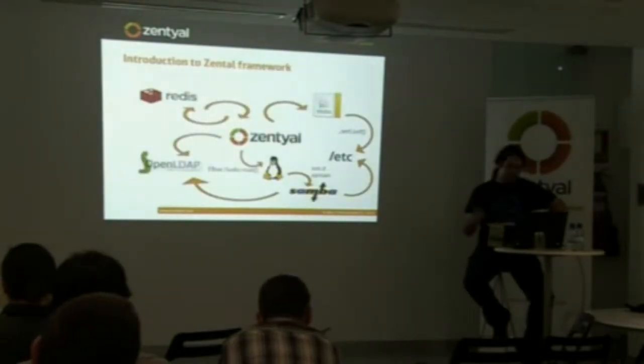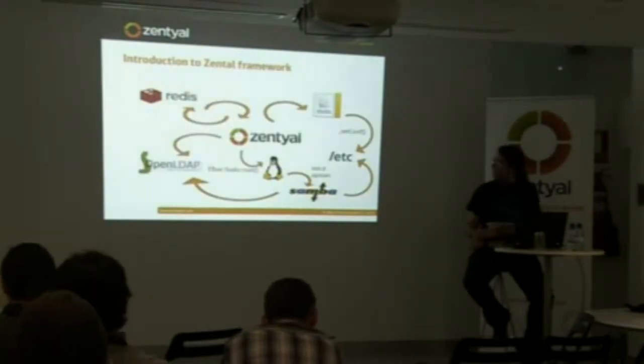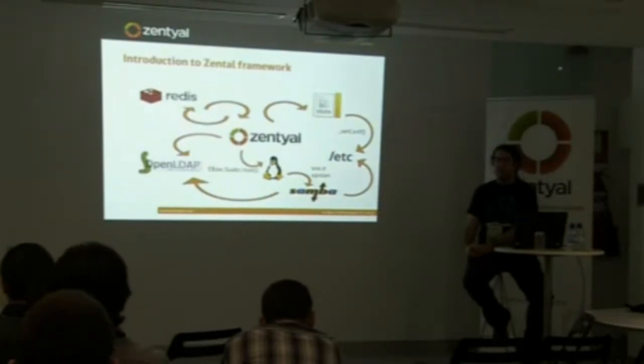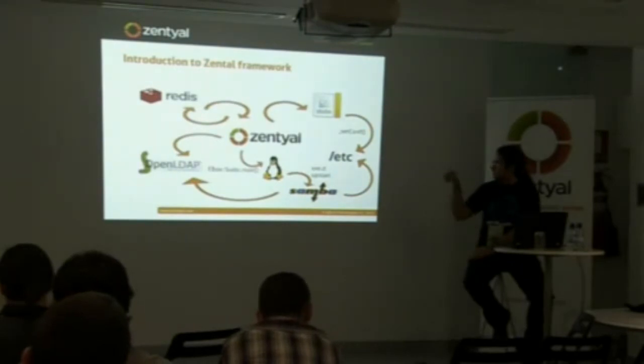So let's first have an overview of how Zentyal works. Zentyal stores its configuration in Redis. Redis is a key-value database. To write the configuration of the services Zentyal manages, we use templates.